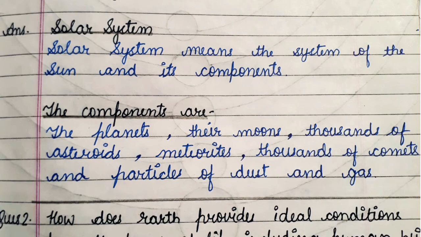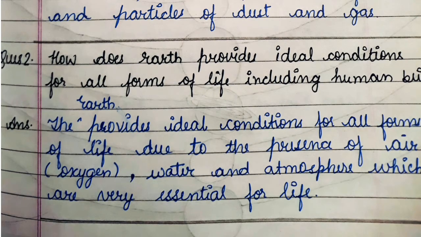Now friends, our second question is how does Earth provide ideal conditions for all forms of life including human beings. In this question we are told that the Earth provides everything to living beings including human beings. So how is the Earth providing this much to us?